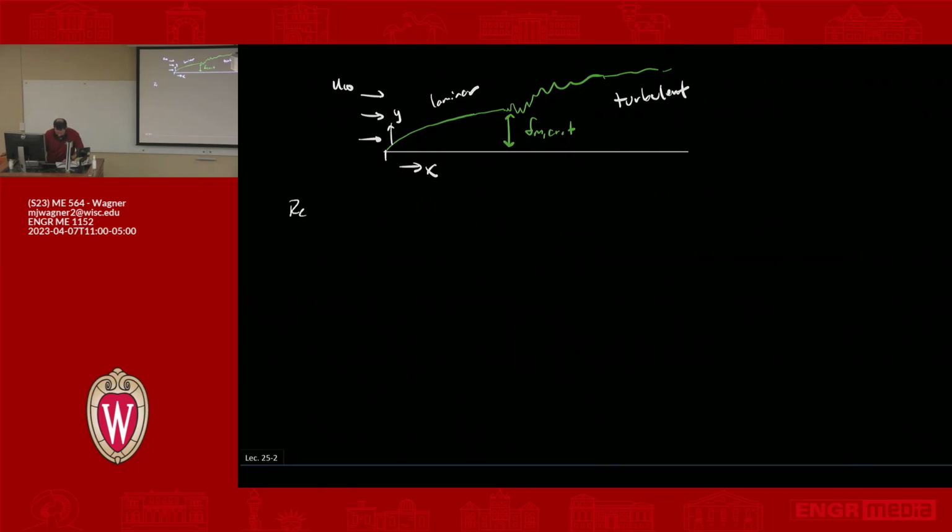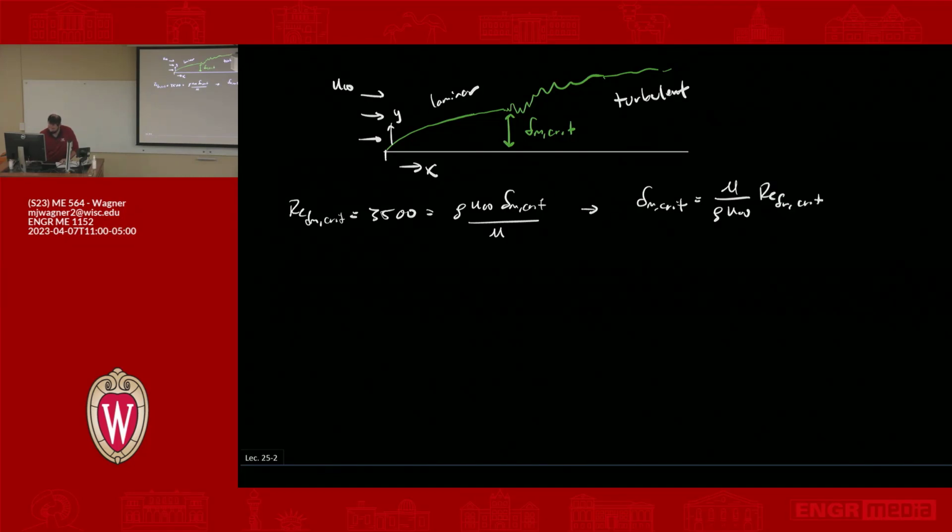Re delta m critical equals 3,500. And that we said was rho u infinity delta m critical divided by mu. Rearranging this and solving for delta m, we get delta m critical is equal to mu over rho u infinity times Re delta m critical. So that gives us a thickness at that point.